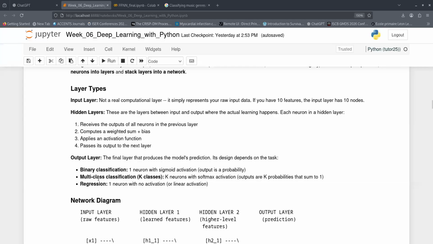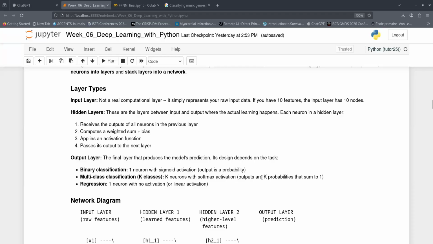You have another task, which is multi-class classification. You have K classes, K neurons with softmax activation. Most of the time when you have multi-class classification, you use what we call the softmax activation.